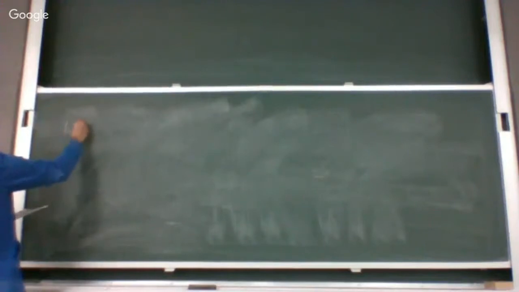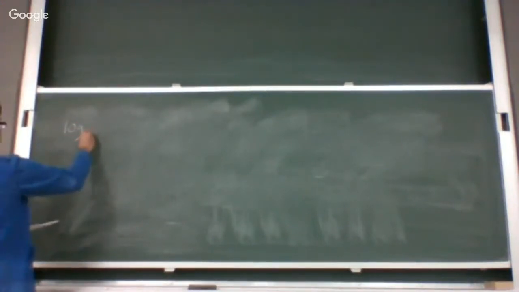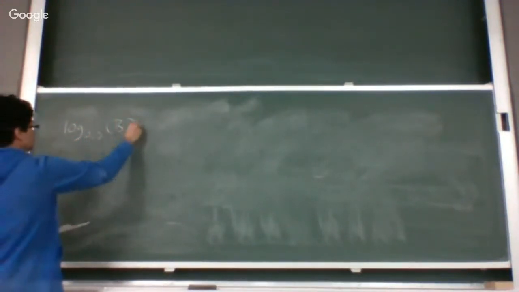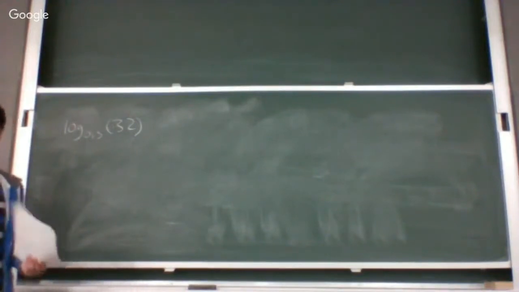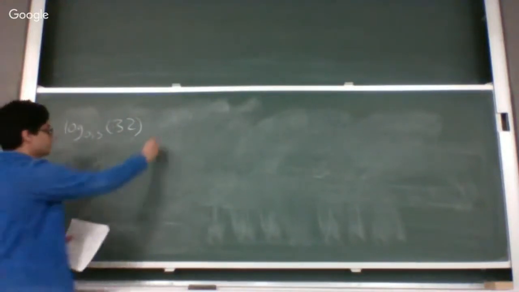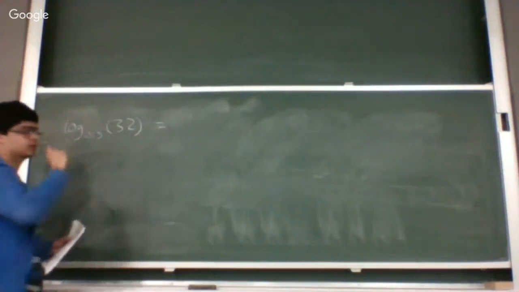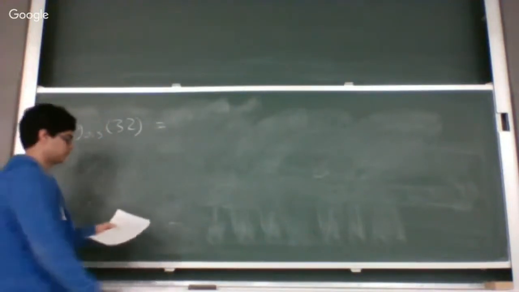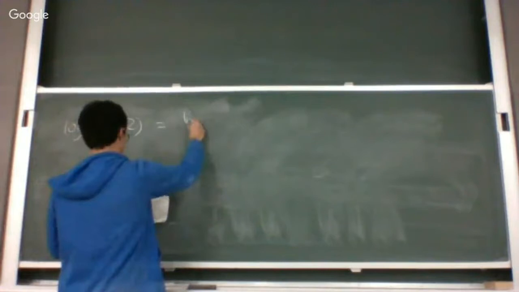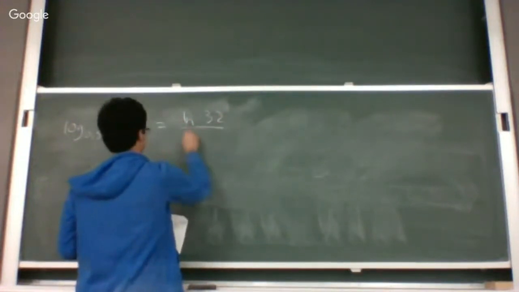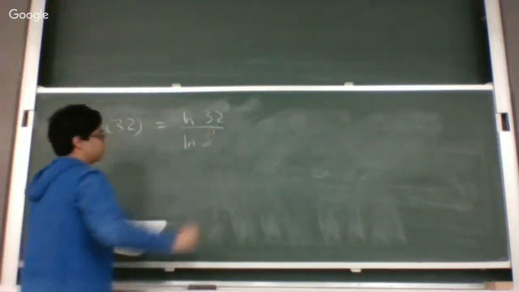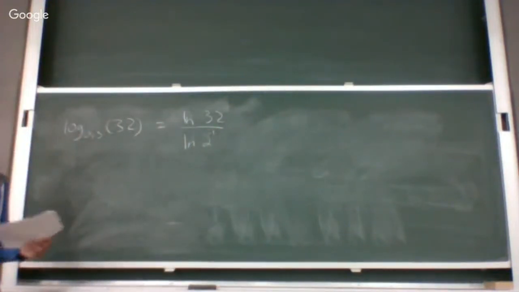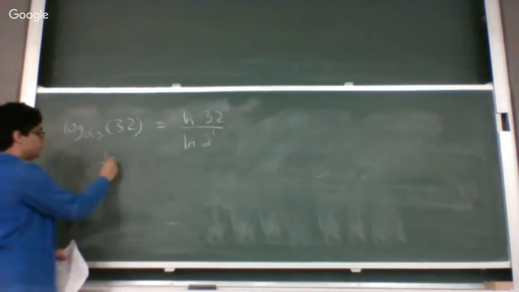We have the log base 0.5 of 32. What property do you think we can use here? There's two ways to do it. Natural log of 32 over the natural log of 2 to the -1. You see that? Because this is 0.5, that's 1/2.